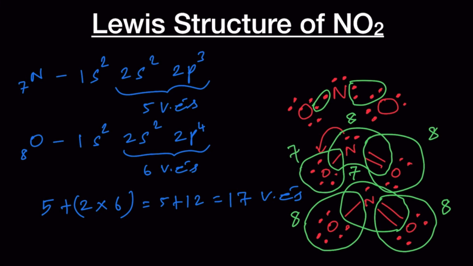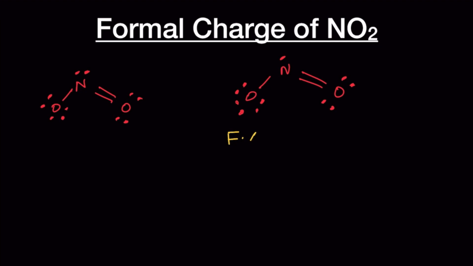Now, why this resonance structure is preferred is because a structure in which negative formal charges are placed on the most electronegative atom is preferred. Therefore, let us calculate the formal charge for each atom in both the resonance structures. We know that formal charge is equal to number of valence electrons in the atom minus number of lone pair, that is non-bonded electrons, minus number of bond pairs divided by 2.